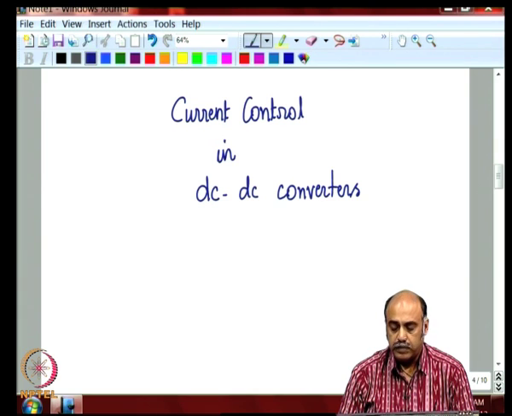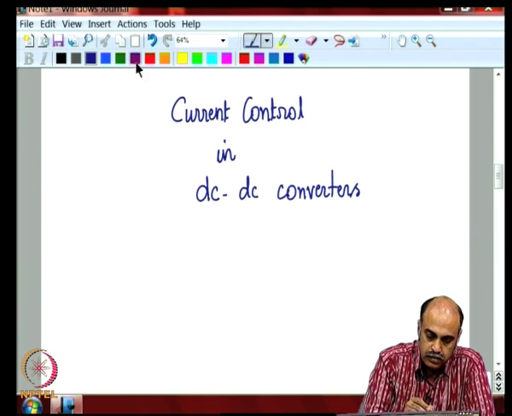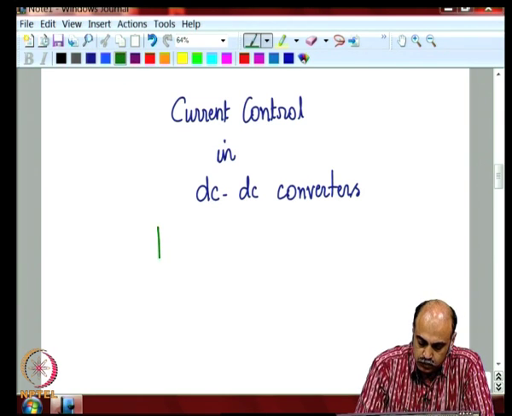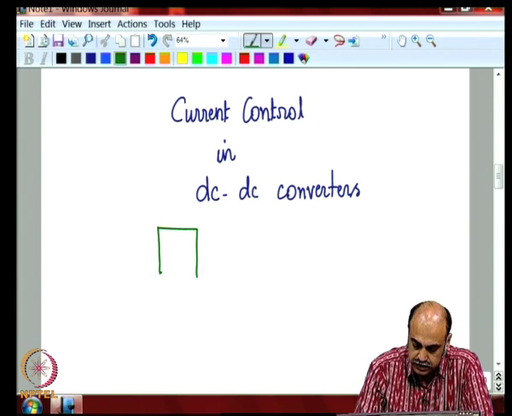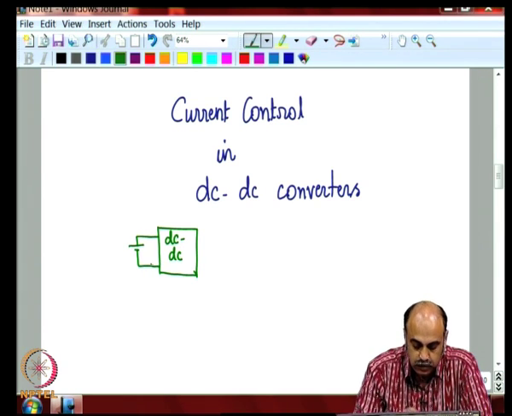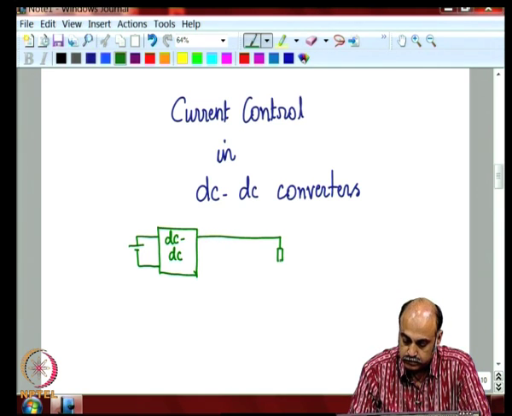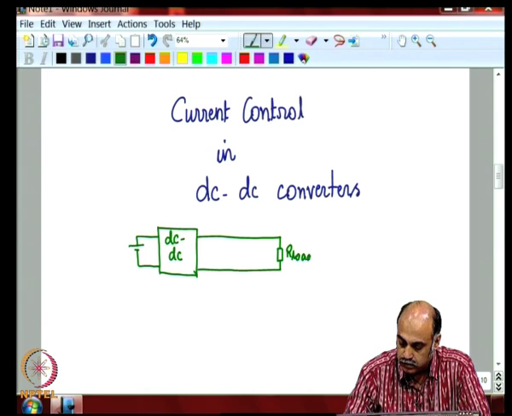Let us say, for example, you have two power supplies. You have power supply 1 DC-DC converter, and that is supplying a load. This is our load, V naught.